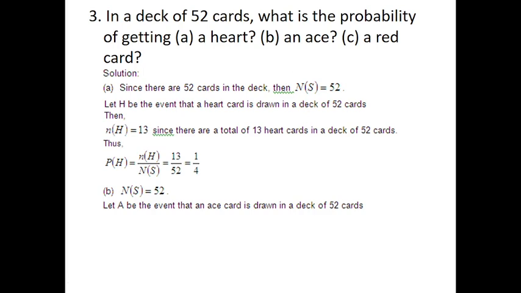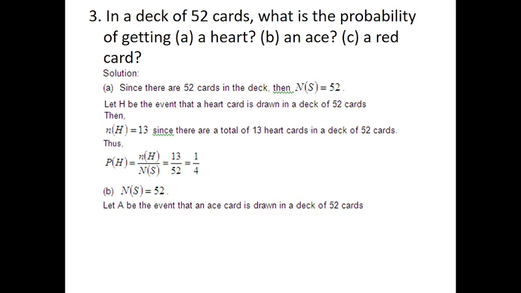So, getting a card in a deck of 52 cards. Isang card lang. So, ano lahat ng possible outcomes doon? Doon sa random experiment na yan. So, marami. 52 cards lahat yan, right? So, 52 ang bilang. So, isa-isahin mo. King na heart, queen na heart, jack na heart, etc. No?